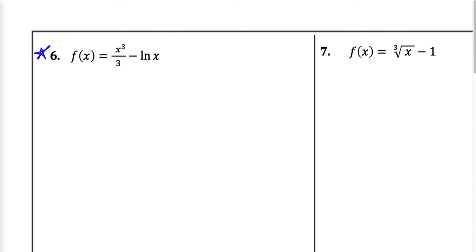Why don't you guys try number 6? This is the same directions. Find increasing, decreasing. Find relative extrema. And I don't know why, but extrema just sounds weird to me, so I always just call it extrema. It's like L'Hopital's.